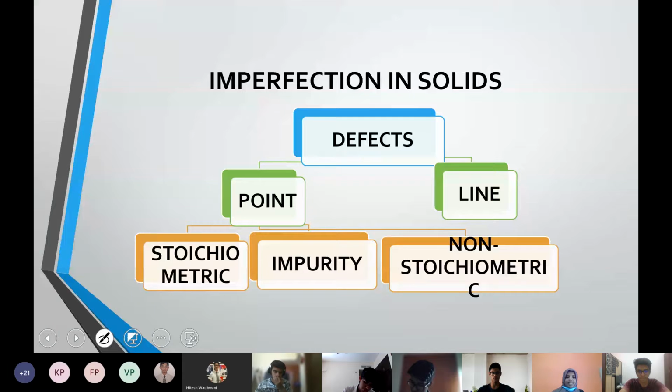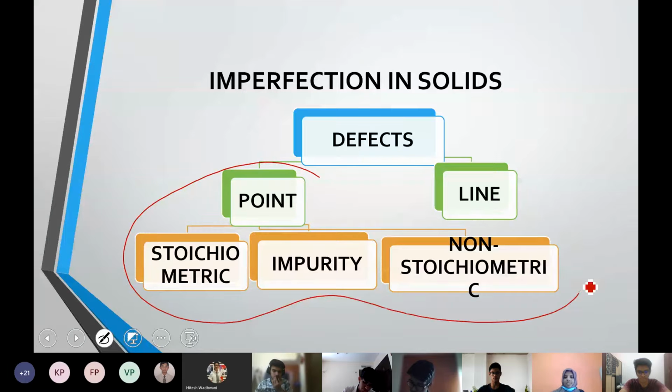So basically this is the area where we're going to discuss in detail the further classification in each category. We are not looking at the line defect for now. Line defect happens when the entire row is imperfect, or there is a defect in the arrangement of particles in the entire row of the crystal.